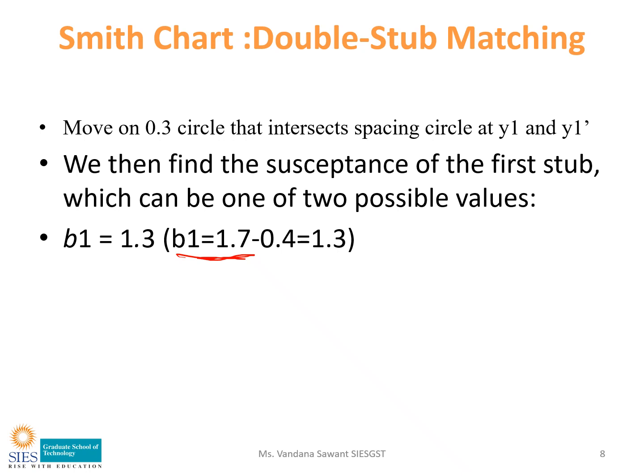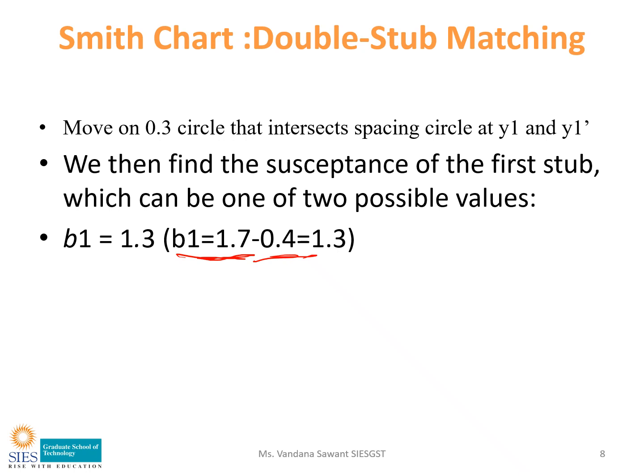From this we can find the possible position of the first stub, by finding the susceptance of the first stub. How can we find it? We can find it by subtracting the susceptance of yl from the susceptance of y1. The jx value of yl was 0.4 and the jx value of y1 is 1.7.